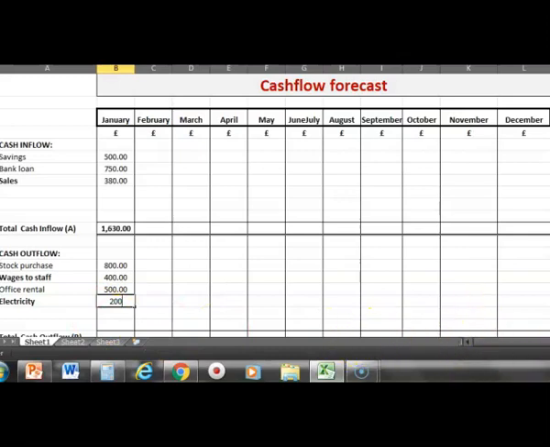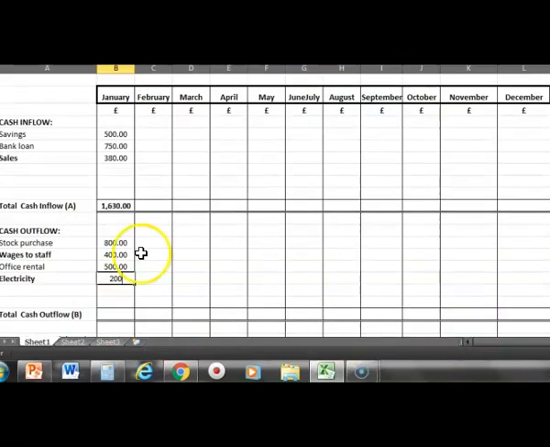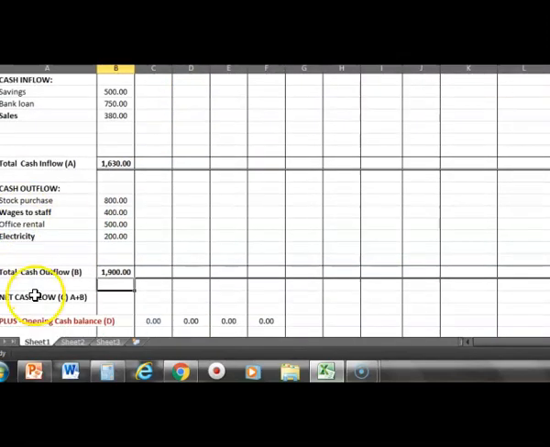Okay, so now the total cash outflow is 1,900.